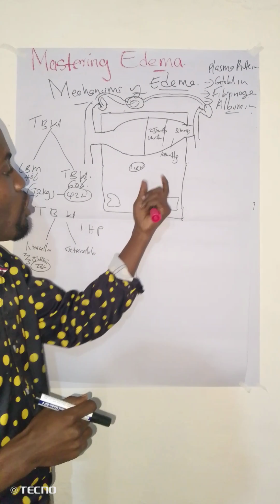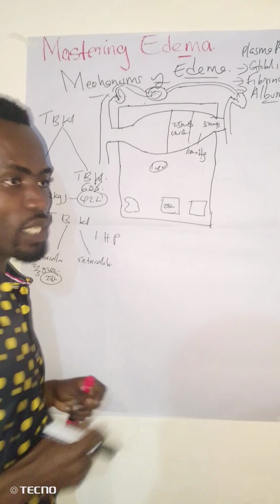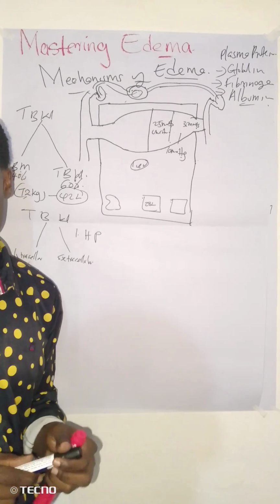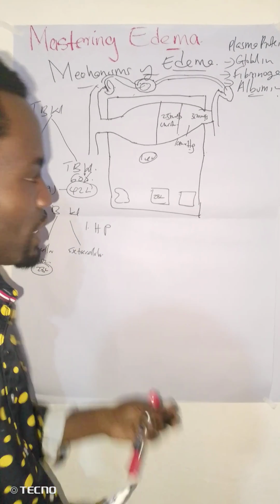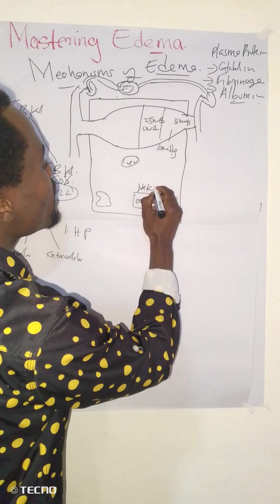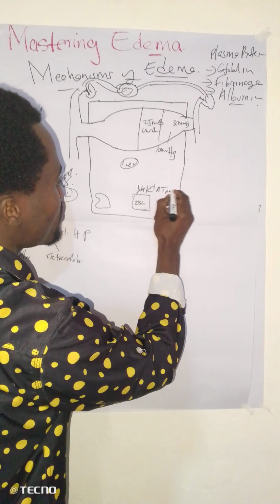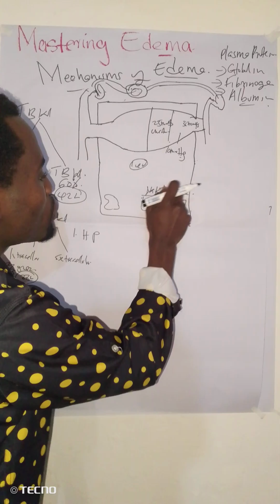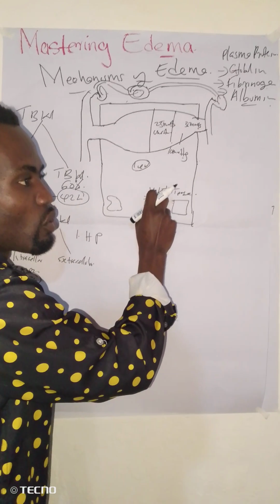This glucose and the amino acids help the functionality of the parenchymal cells, because remember, we have a special type of pump called sodium ATPase. Sodium ATPase is always in every cell, but for the mechanism to continue, it must have glucose.